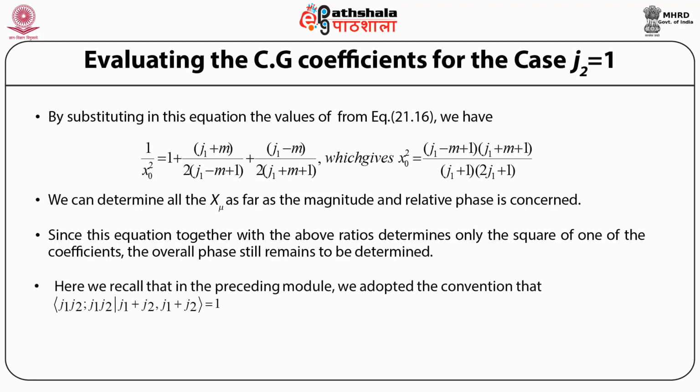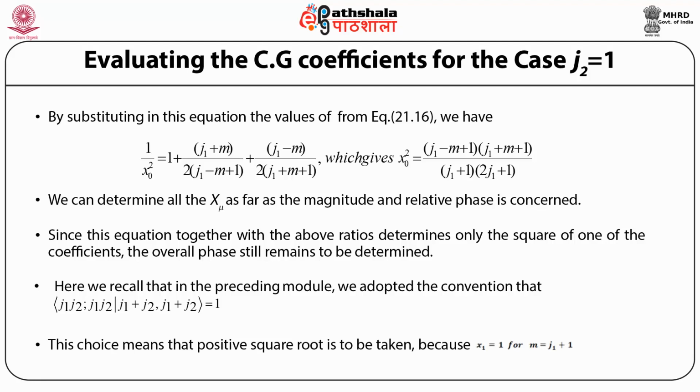Here we recall that in the preceding module we adopted the convention that the scalar product of the two vectors |j1 j2 j1 j2⟩ with |j1 plus j2, j1 plus j2⟩ is equal to 1. This choice means that the positive square root is to be taken because x1 equals 1 for m equal to j1 plus 1.